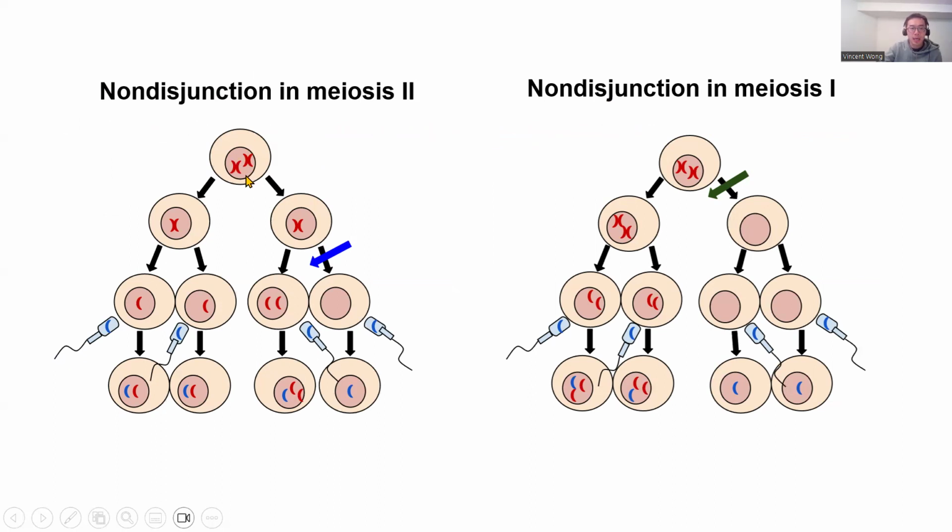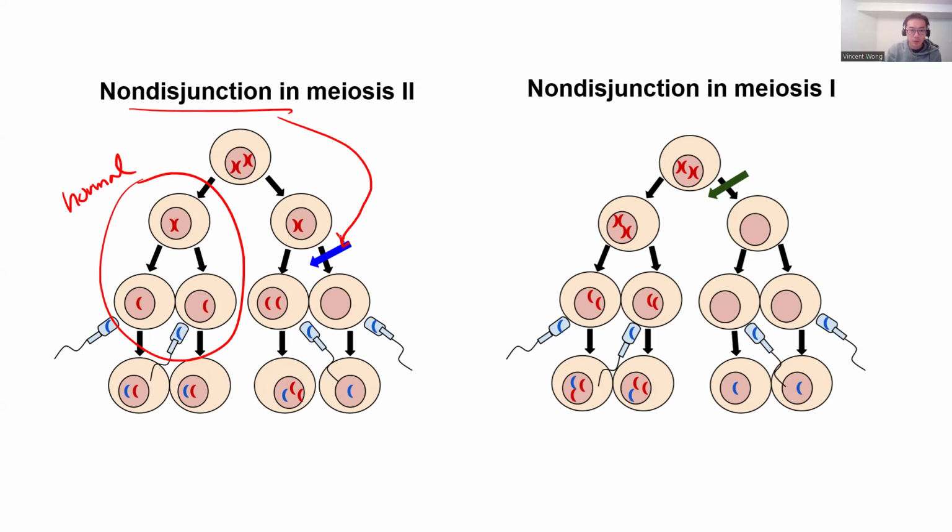So let's say we separate in meiosis 1, so no problem. The homologous chromosomes separate. But then there is a non-disjunction that happens in meiosis 2. On this side here, that's normal, but there is a non-disjunction right here. That's what the arrow shows.